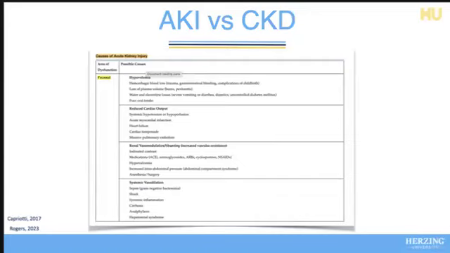This can occur due to various causes like hypovolemia, hypotension, sepsis, or obstruction to urine flow, like we talked about with the stones. The ischemic injury triggers an inflammatory response that damages the renal tubules and glomeruli, impairing their ability to filter waste and produce urine.